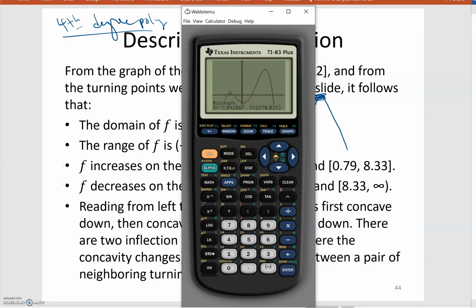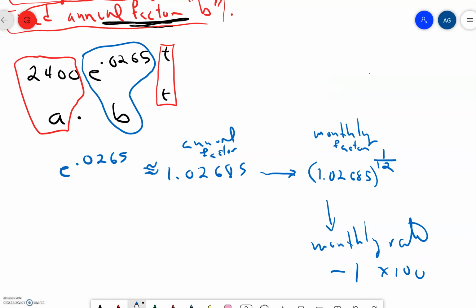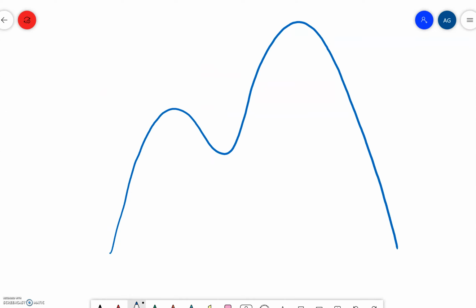So if you couldn't tell what I was gesturing at, we would have an inflection point in this area, and we would again have an inflection point over here.